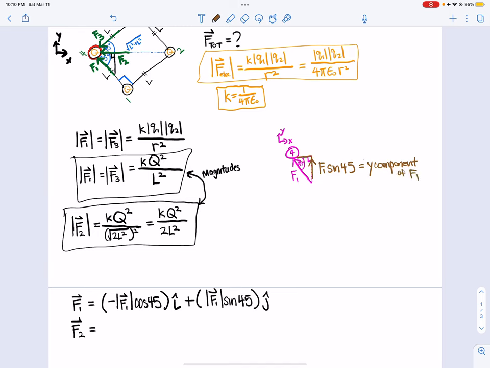And then this guy right here would be pointing towards the negative x direction, and that's my x component of F1. That would be F1 cosine of 45 degrees. So that's just to clarify the cosine 45 and sine 45 that you guys are seeing. Okay, I'm going to erase that now.